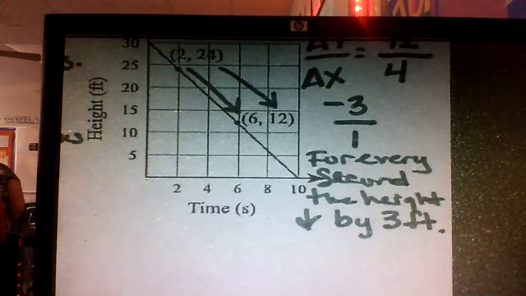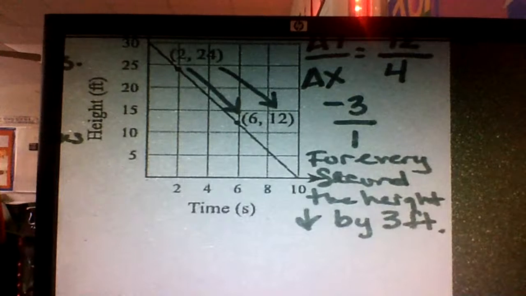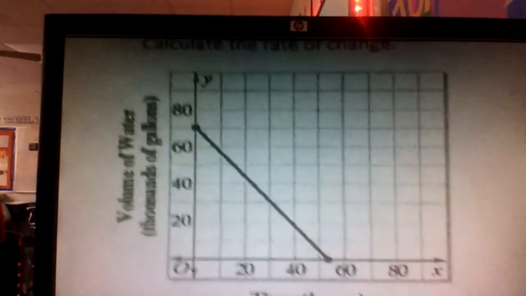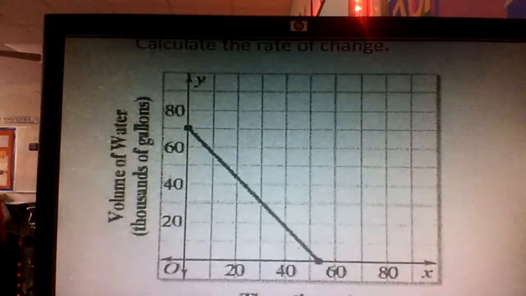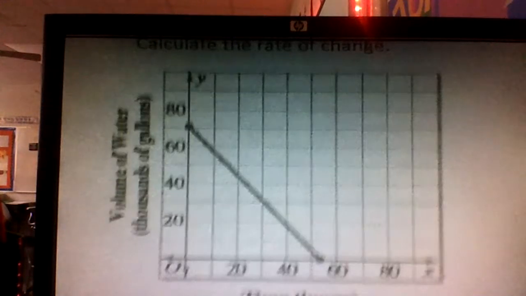So we're gonna flip to this one and then I'll give you mine. No. The height decreases by 3 feet.